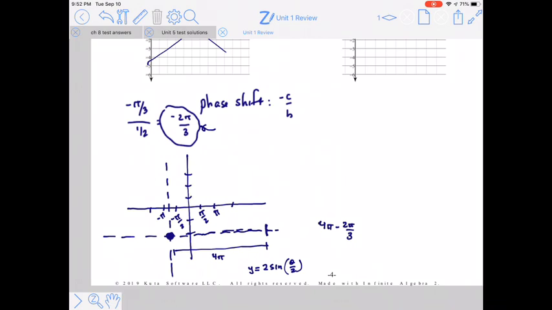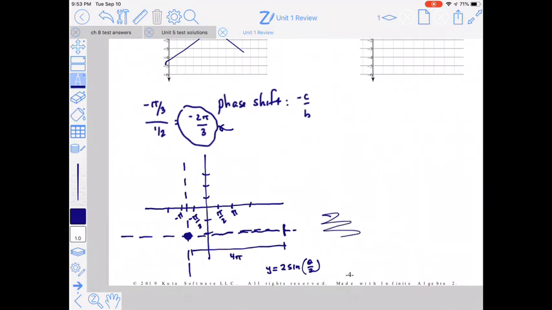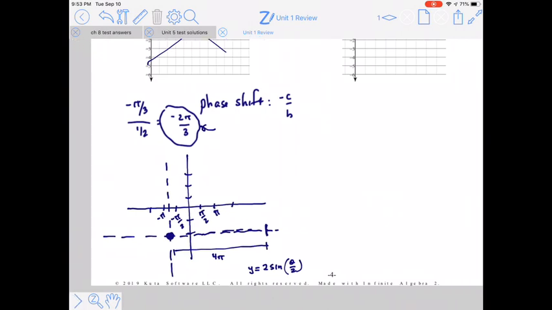And 4 pi can be 12 pi over 3. So 12 pi over 3 minus 2 pi over 3 is 10 pi over 3. So the point on the x-axis that would reach that period is 10 pi over 3.